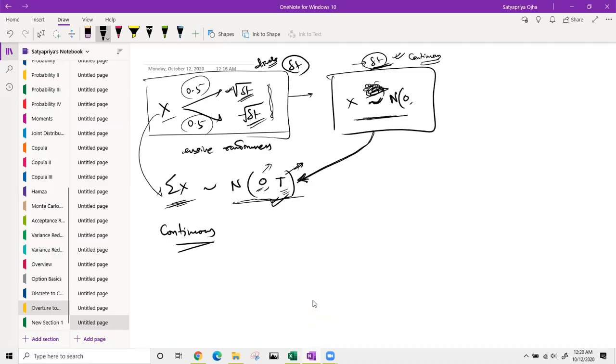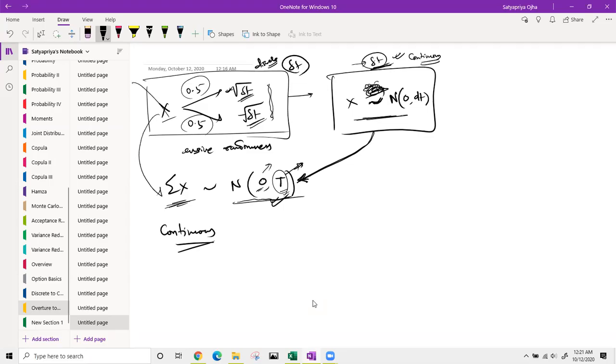What gets added to become capital T? Delta t, exactly. So now we are talking. Let me write dt because it's continuous, correct? So this is our process.